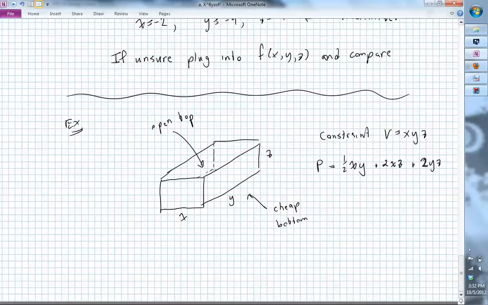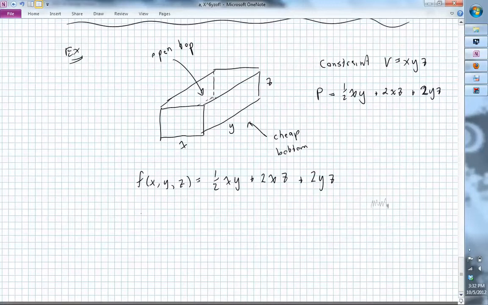This is the thing that we want to optimize, and we have the constraint. So f is x, y, z, and g. I'm sorry, did that exactly backwards. F is 1/2 xy plus 2xz plus 2yz, and g is xyz.